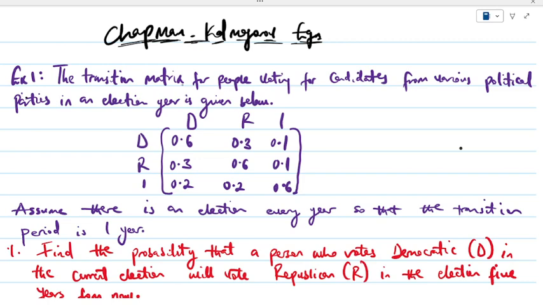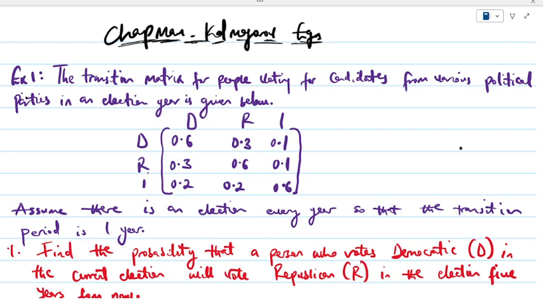We have the transition matrix for people voting for candidates from various political parties in an election yearly, given below. Let me explain the transition matrix. D represents the Democratic Party, R represents the Republican Party, while I represents the Independent Party. The probability that those who vote Democratic will vote Democratic in the next year is 0.6, Republican is 0.3, and Independent is 0.1.